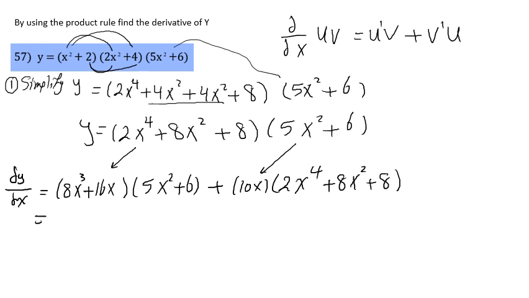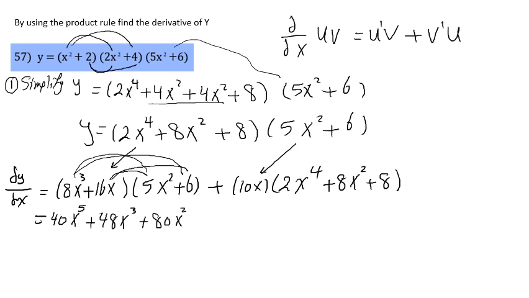Let's simplify it. 8x power 3 multiplied by 5 is 40x to the power of 5. 8x power 3 multiplied by 6 is 48x power 3. Then 16 times 5 is 80x squared, and 16 multiplied by 6 is 96.